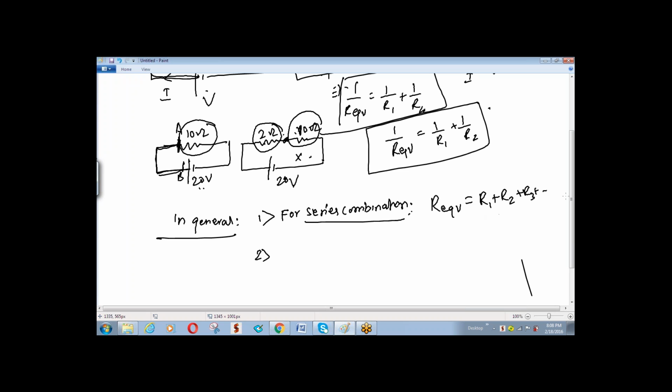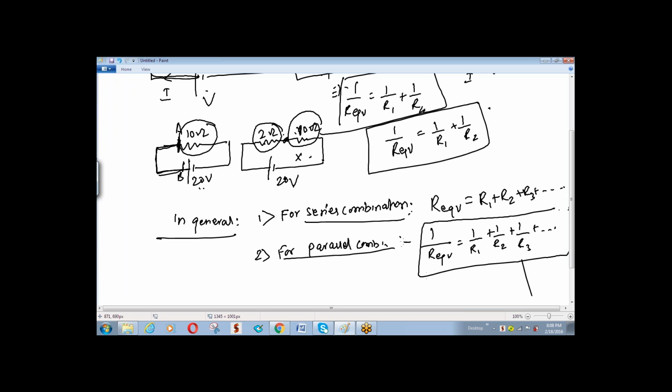It means that whatever the number of resistances in series. For parallel combination, 1 by R equivalent is equal to 1 by R1 plus 1 by R2 plus 1 by R3 plus so on. This is the formula which we need to keep in mind.